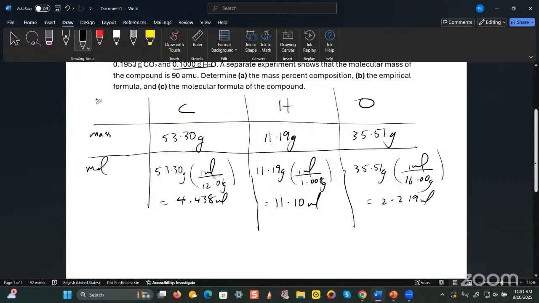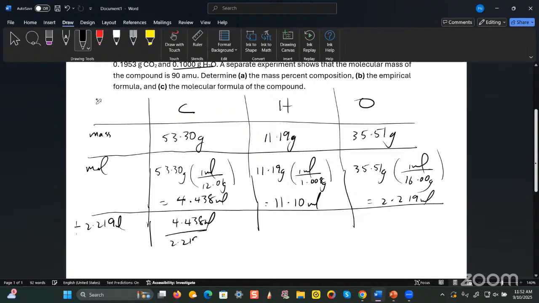What's the next step? Divide right through by the smallest value. Which one is the smallest value? Right, so we're going to divide right through by 2.219 moles. So that means that this is 4.438 moles divided by 2.219 moles. Here it's 11.10 moles divided by 2.219 moles. And this divided by itself will give you 1, right?